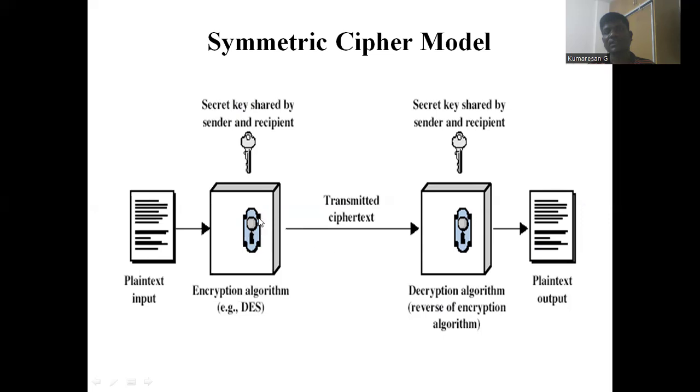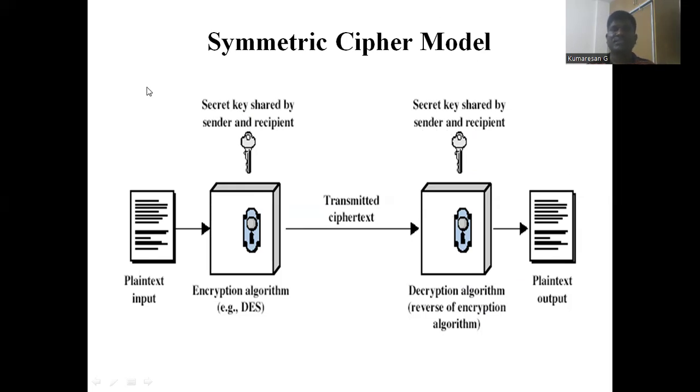Whatever algorithm is used on the sender side, the same algorithm must be used on the receiver side. Then only can they decrypt it. Once the message is encrypted with the key, that key is shared with the receiver side. Once the receivers get the key, they decrypt the message with the same DES algorithm. Finally, they get the message.